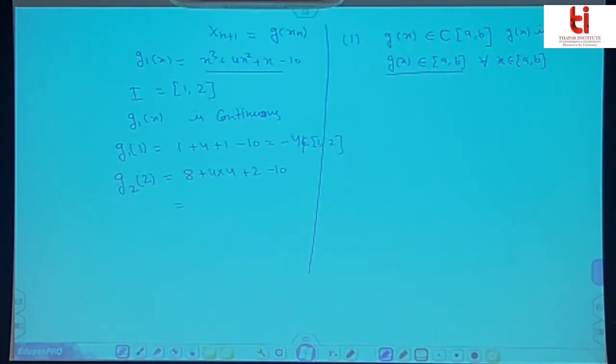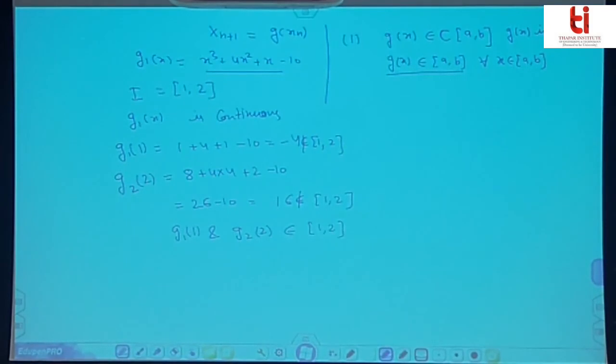What is the value coming out to be? 26 minus 10, it is 16. This doesn't belong to the interval 1 to 2. So g1(1) and g1(2) don't belong to 1 to 2.